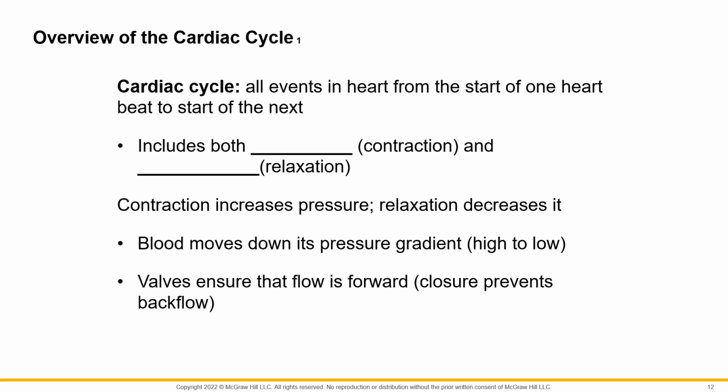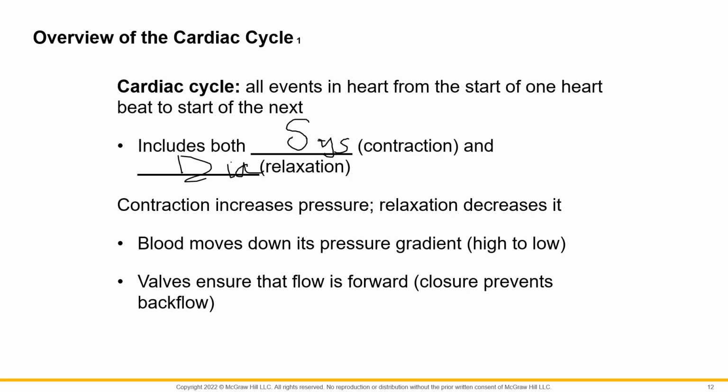But the cardiac cycle involves both systole, which is contraction, and diastole, which is relaxation. So to transition into the next video, I think we all have to be familiar with that ECG cycle, what systole means, what diastole means, what electrical events are happening.